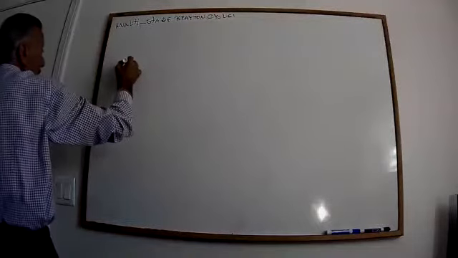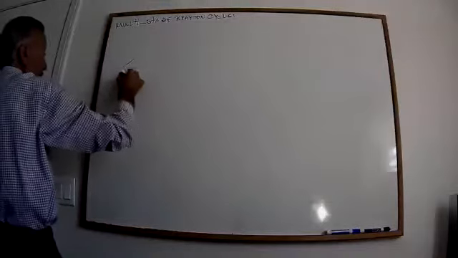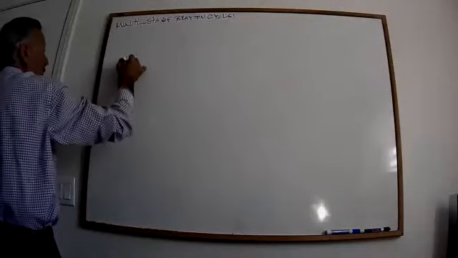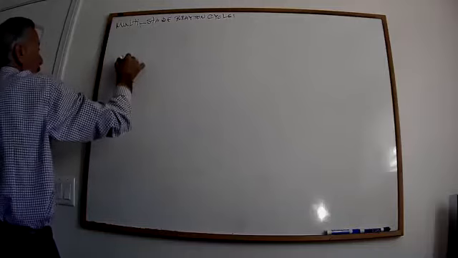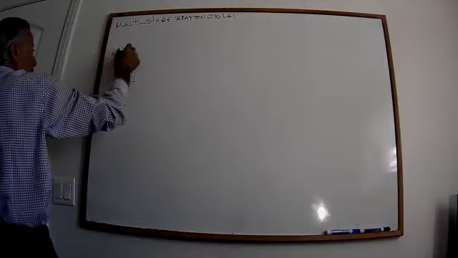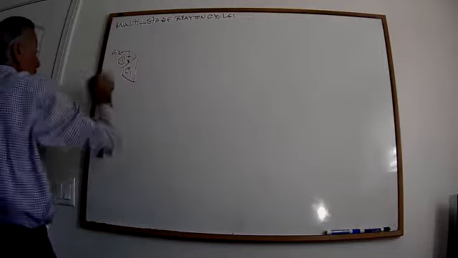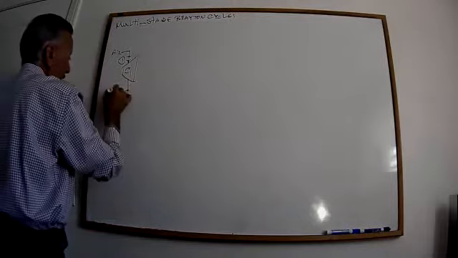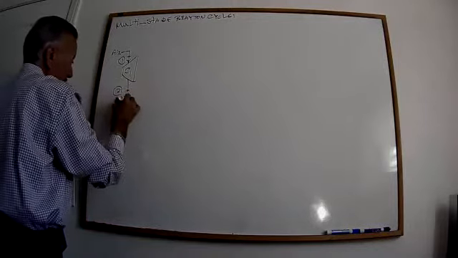Now, let's see, I have my compressor here. I call that compressor 1. This time I will have air coming in at point 1 here. Now I come out from compressor 1 at point 2.